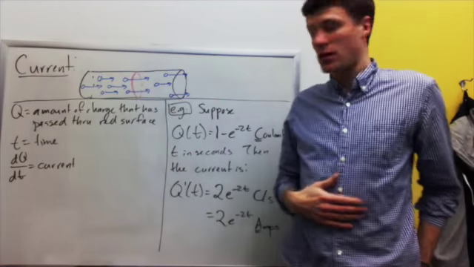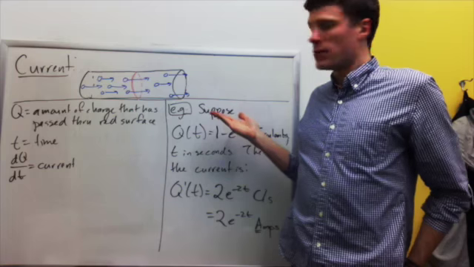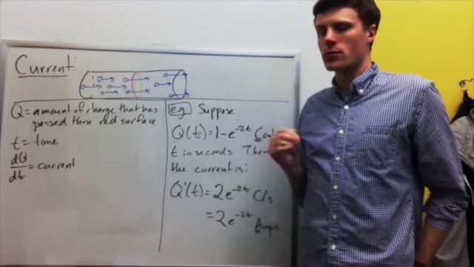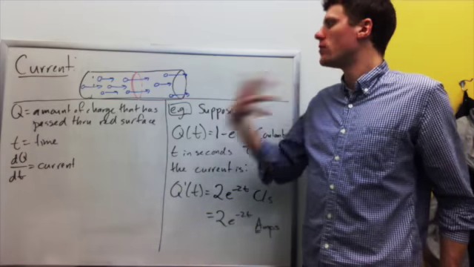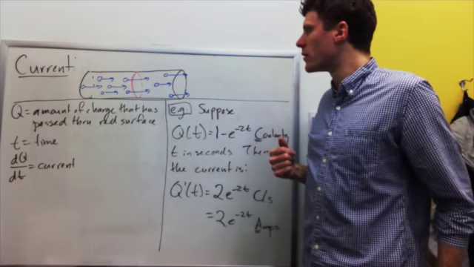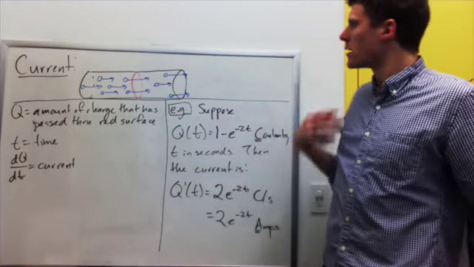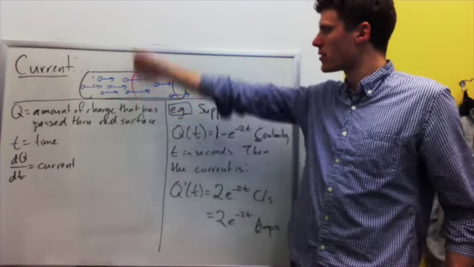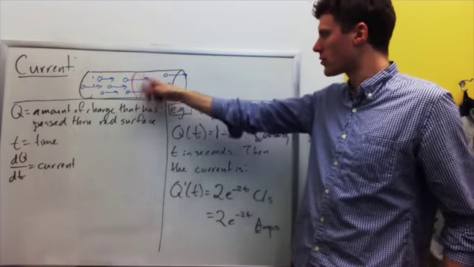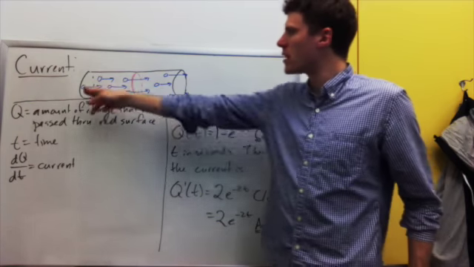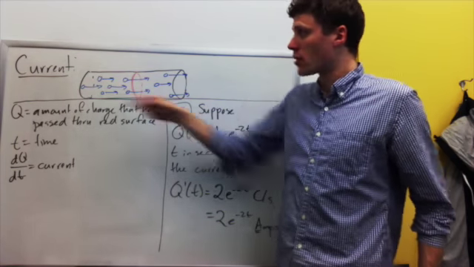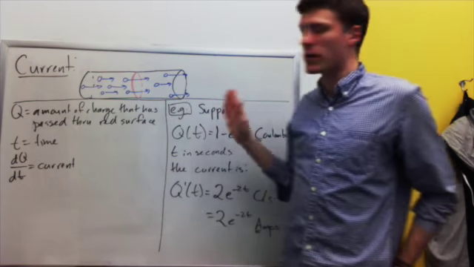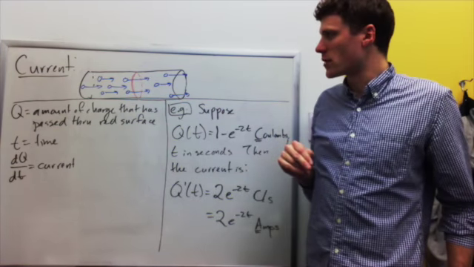Another example is current. When we have electricity flowing through a wire, that's really electrons moving along through the wire, and we're probably interested in how fast this charge is moving through the wire. So the way we describe this is we take a red surface, a slice of the wire, and we see how fast these blue particles, which are supposed to represent electrons, are flowing through this surface.